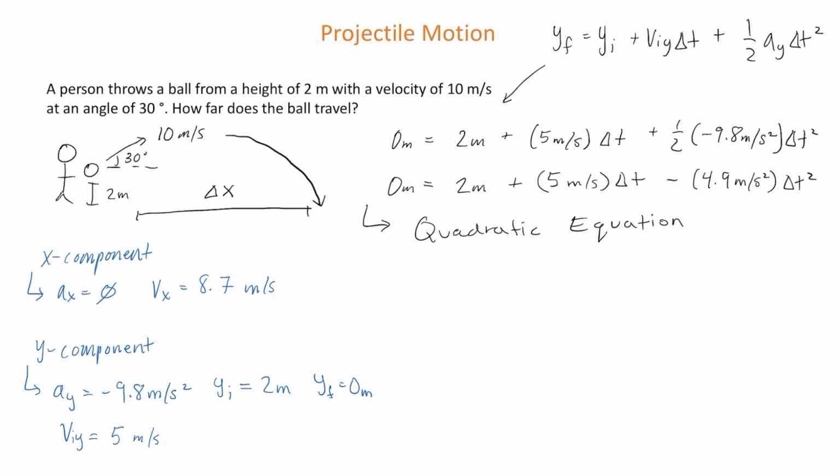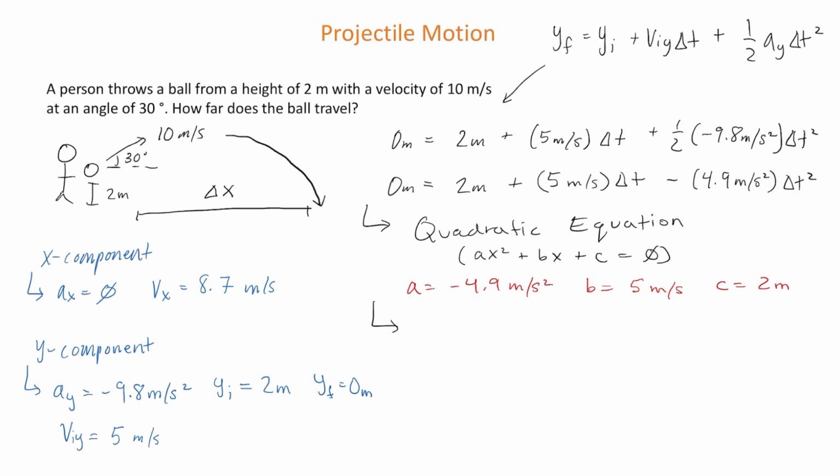And remember, quadratic equations have the form ax squared plus bx plus c is equal to 0. We're not working with x, but delta t is just the same. And we have to identify our a, b, c's. A is equal to negative 4.9 meters per second squared. B is equal to 5 meters per second. And c is equal to 2 meters.